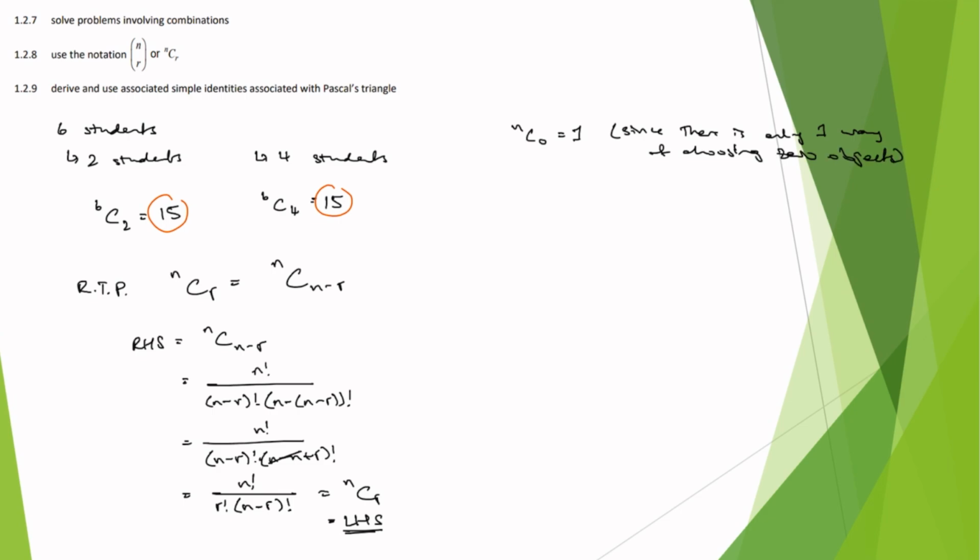And also that n choose n, given my formula here, is also equal to 1, because there's only one way we can select all of our objects. Furthermore, n choose 1 is equal to n, since all of the selections are where we select each individual object, and due to our formula again, n choose n minus 1 is also equal to n.